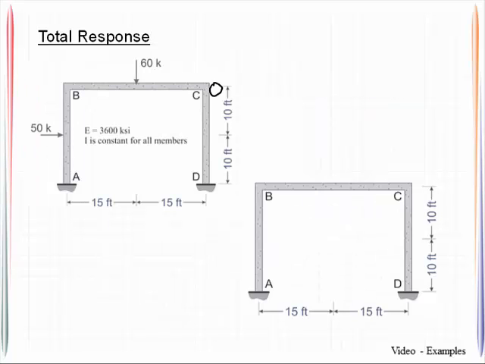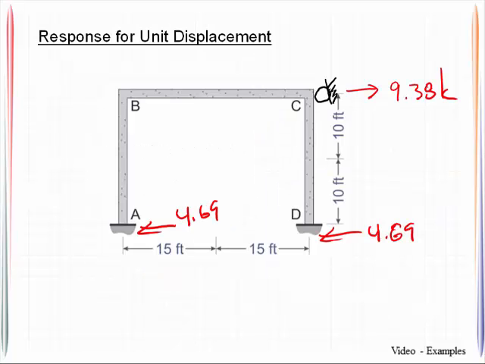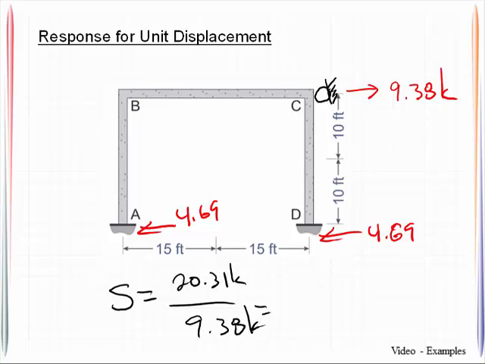And so we'll recognize here that we've got this at 20.31, and then we've got this one here, 20.31, and we are going to superimpose these right here. So let me come back and get the scale factor. The scale factor is 20.31 kips divided by 9.38 kips. That will be 2.17.